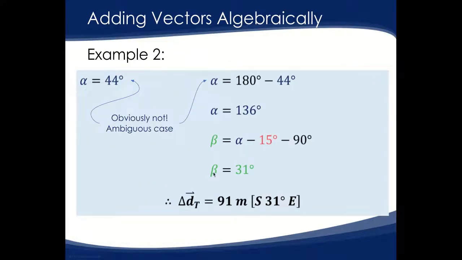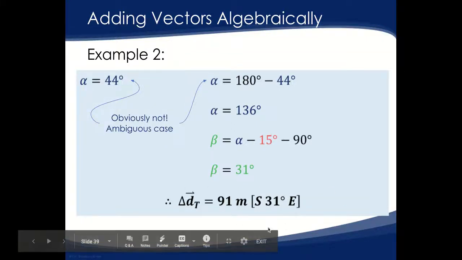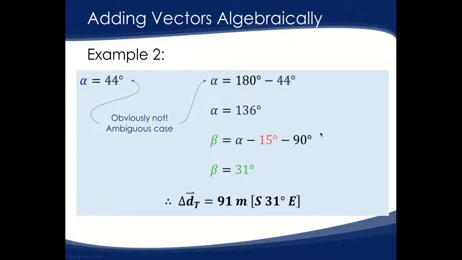So you're going to have angle beta equal to 31 degrees. In the end, your overall displacement was 91 meters, 31 degrees east of south. I promise you that most of the questions on assignments that you'll have are not this complicated.